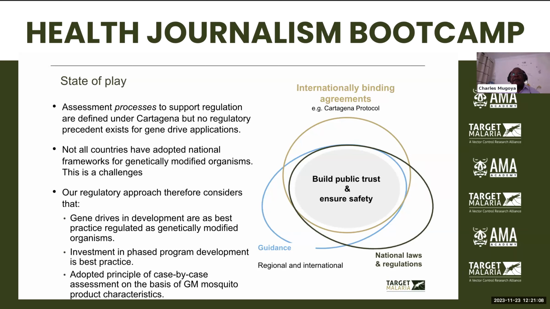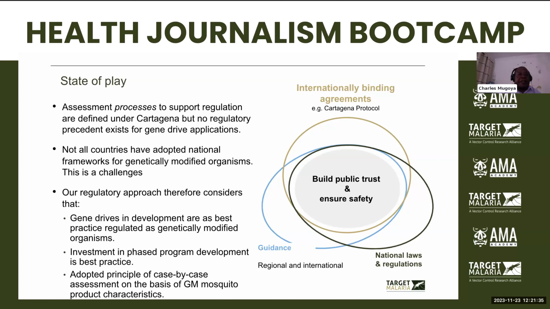Now, the idea behind the involvement of all these stakeholders is to build public trust, but also to ensure that we do not leave any stone unturned as far as safety is concerned. So those three pillars, as you can see from this diagram, they interact with each other, and you cannot remove one and not affect the other.